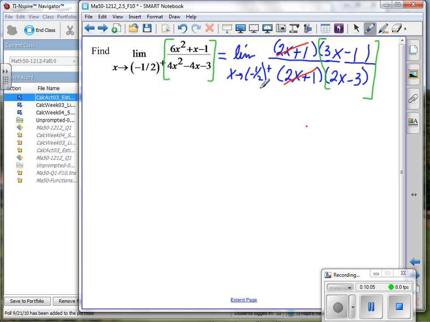We're going to approach negative 1/2 from the greater than side. Can I use direct substitution now? Yes. It doesn't interfere with the value of our denominator. Denominator won't be 0. Must I write this information? If I do, is it okay?